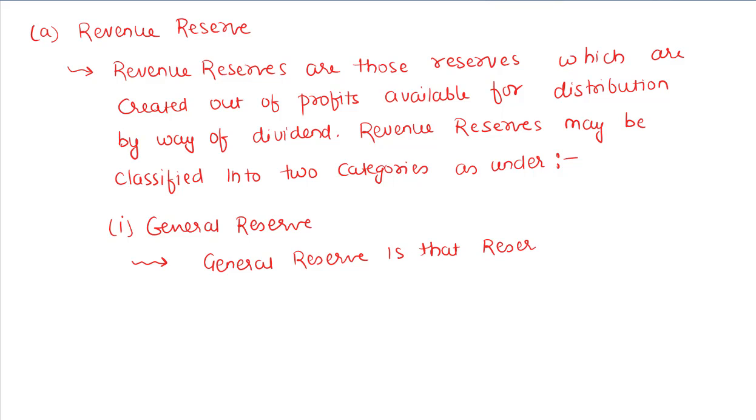General reserve is that reserve which is not created for a specific purpose.